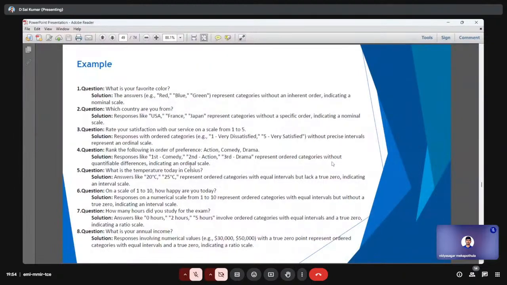Hence, it is ordinal. And what is the temperature today? Like 20 degrees or 25 degrees. Again, it indicates an interval scale, because the temperature ranges within a specific range. On a scale of 1 to 10, how happy are you today? These are some examples taken from day-to-day life, showing how these measurement scales play a major role.